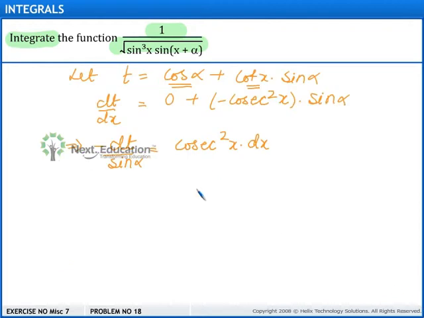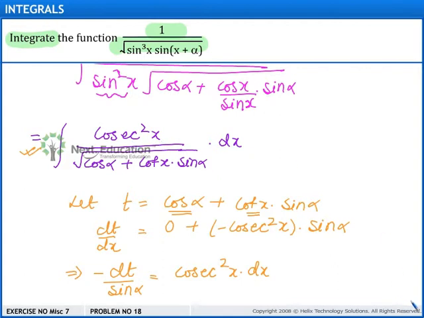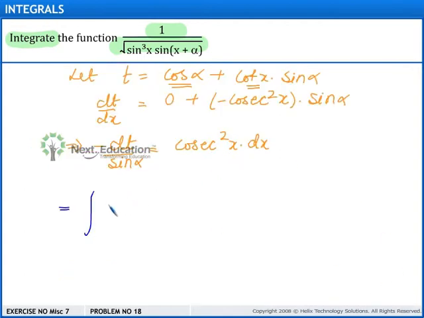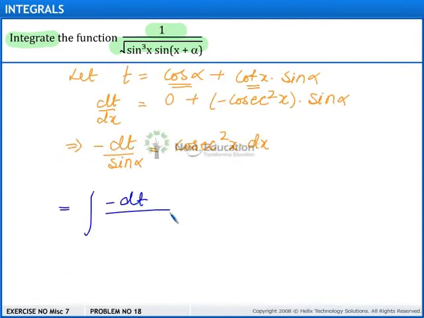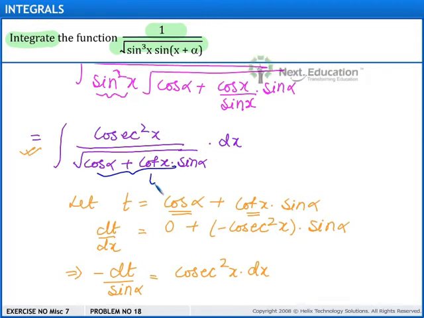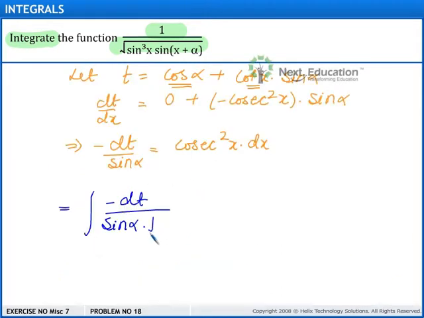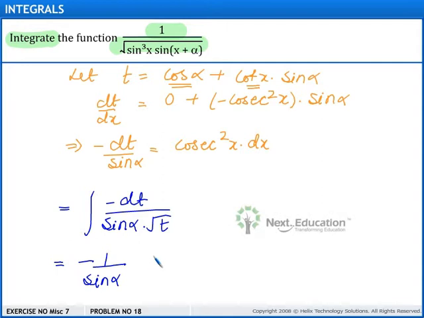Therefore, this integral can further be written as integral of, in place of cosec square x dx we have minus of dt divided by sine alpha, and this we have supposed as t. So we have square root of t. Now this is equal to taking minus 1 upon sine alpha outside the integral since it is a constant.